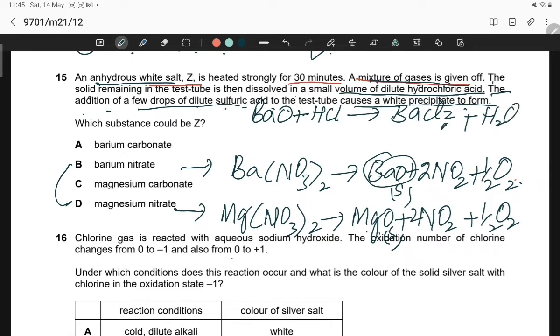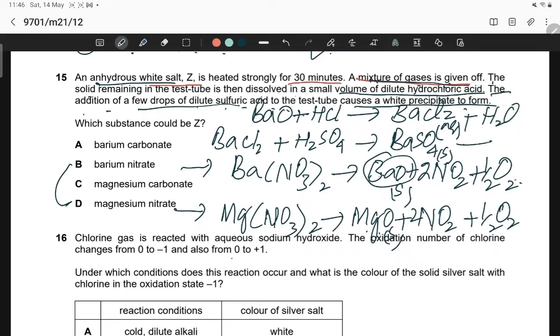This is an aqueous salt. When we add a few drops of sulfuric acid to this solution, a white precipitate of barium sulfate is formed. So B must be correct.